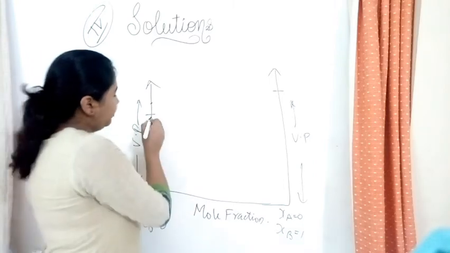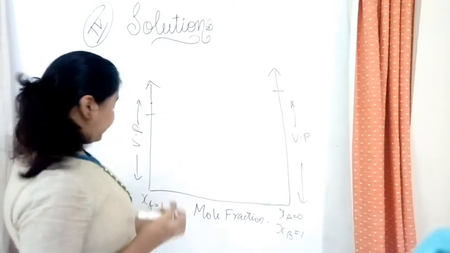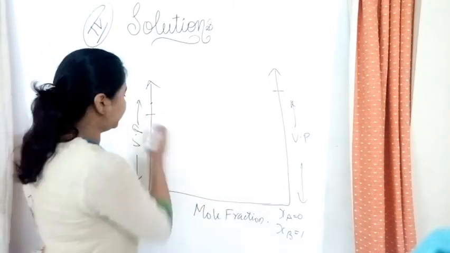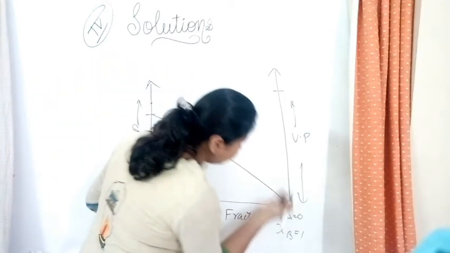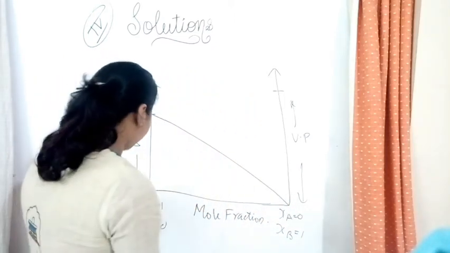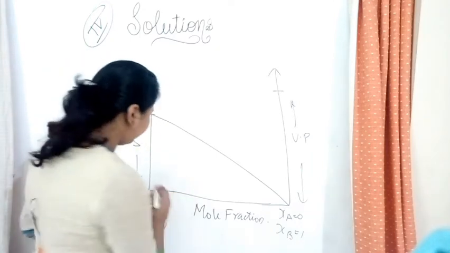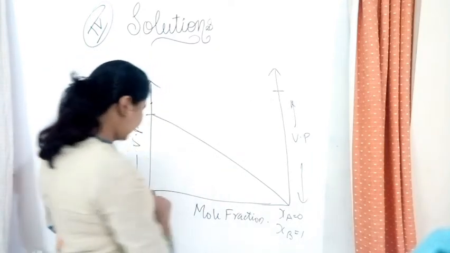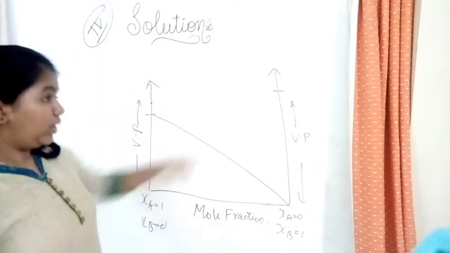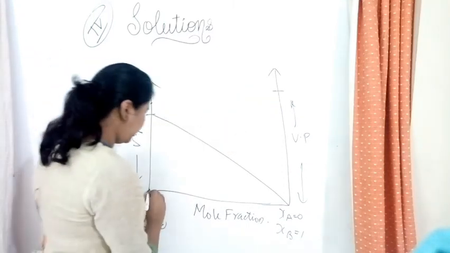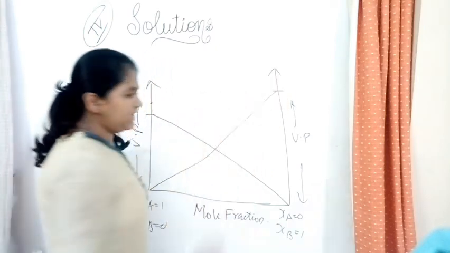Okay. So from here, over here this is maximum, 1 to 0. So let's draw. And then next, let the ideal solution be the same. Over here chi B is 0 and over here chi B is 1. So let's make the graph like this.